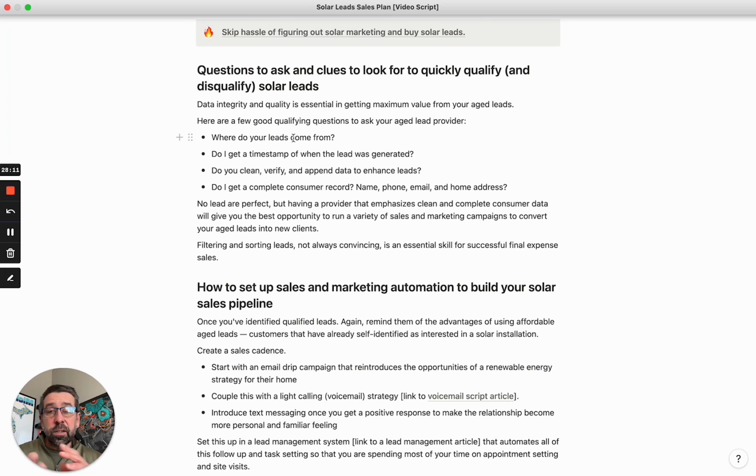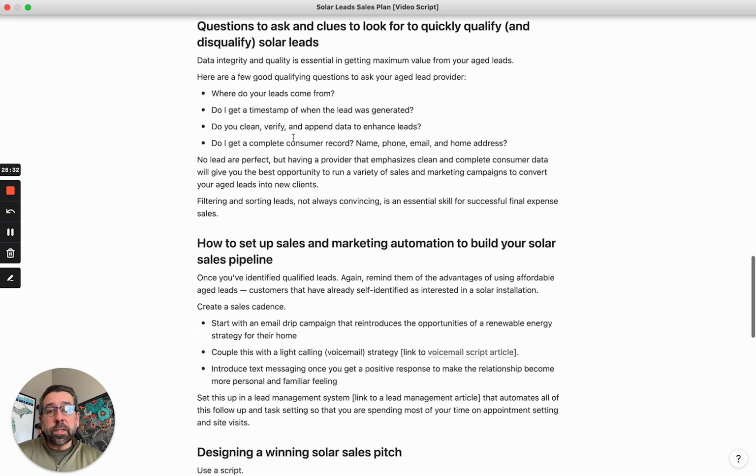Ideally, like I said, no lead is perfect, but the cleaner and the more complete that record is, the stronger it'll be, because this whole sales process is really a sorting and filtering exercise, right? So you're constantly segmenting, taking little groups of them, working different things, filtering out the people that might not be at the right time, and working through all those things.